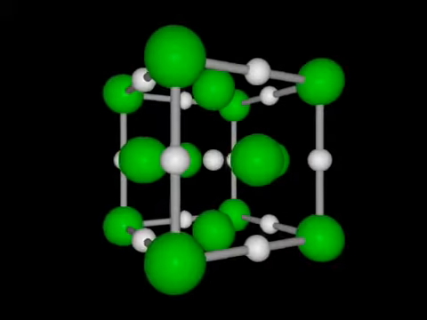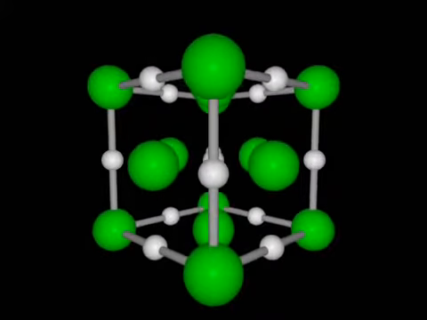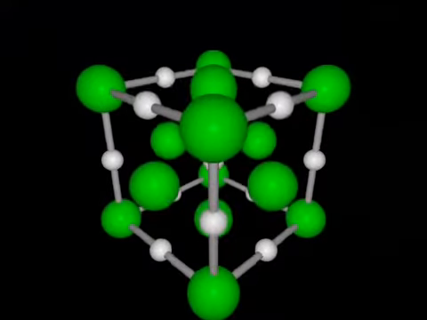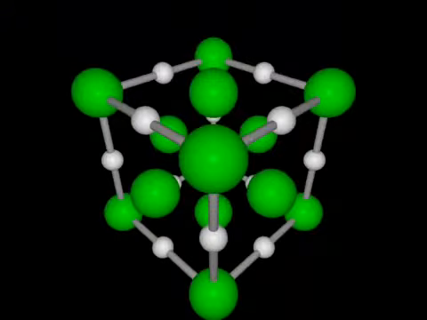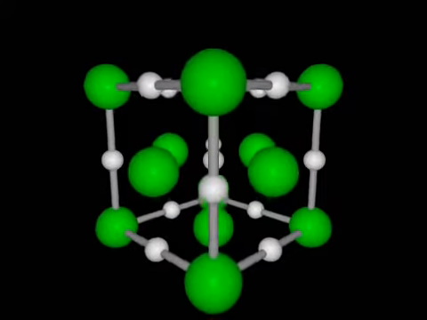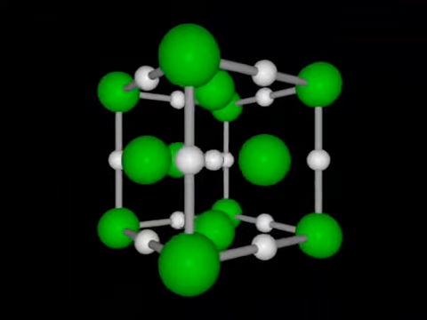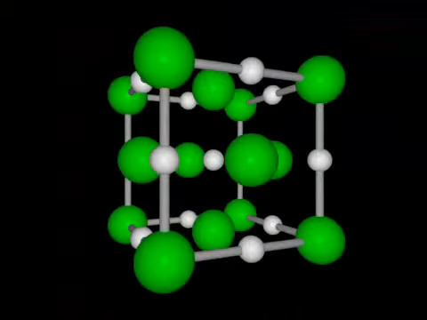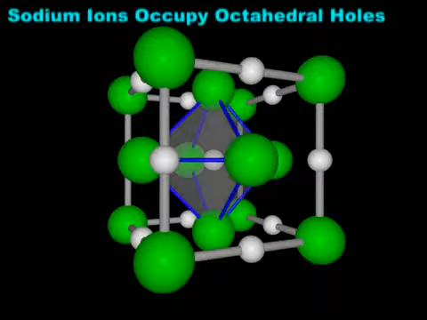Halite is the mineral name for sodium chloride. In the halite structure, the relatively large chloride ions, represented by the green spheres, form a face-centered cubic array. The sodium ions, represented by the white spheres, occupy the octahedral holes.